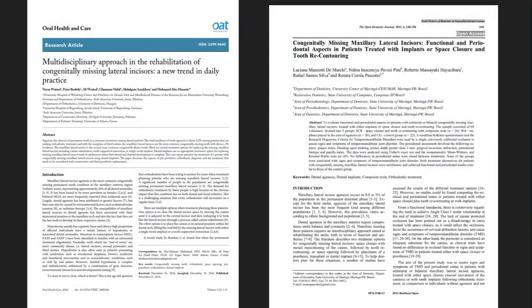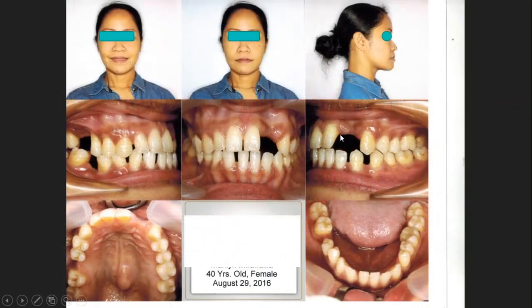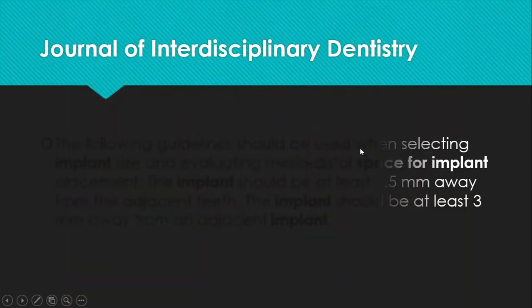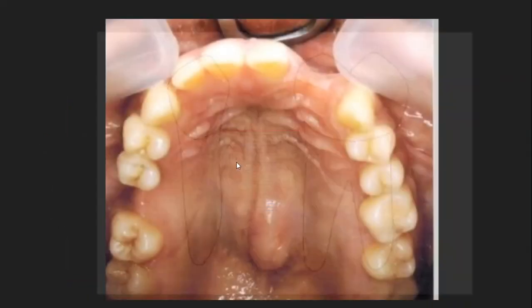Missing lateral incisors can also be a little bit tricky in this particular sense, because now you have a criteria for implants. So normally implants will need 7 millimeters of space for one fixture. In this particular case, the shifting of the teeth has made the space too big for an implant. So therefore, it's much bigger than a 7 millimeter space.